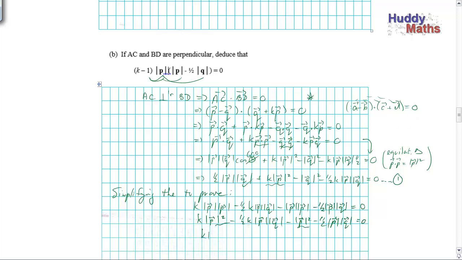So let's go back and let's see if we can match them up here. So we've got that term. Now minus a half K by length of P by length of Q. That's that term. Now we might put minus length of Q squared, since length of P equals length of Q, equilateral triangle. Okay, and then we've got our other term here, which is, that should be plus there, shouldn't it?